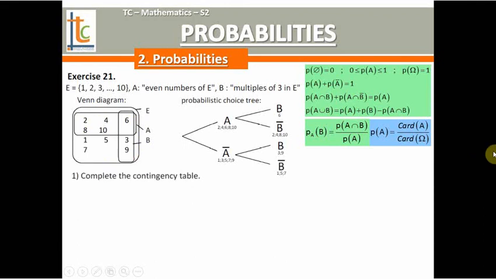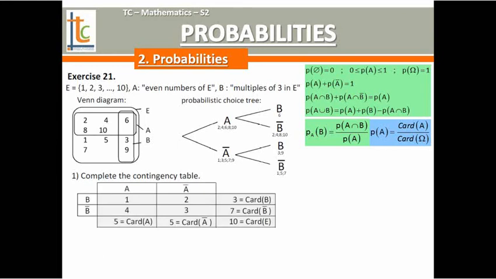So the first question of the exercise asks us about a third way to represent the result, the contingency table, which is a very important tool that can be used in exercises on conditional probabilities. The contingency table crosses A, A bar and B, B bar without any order.